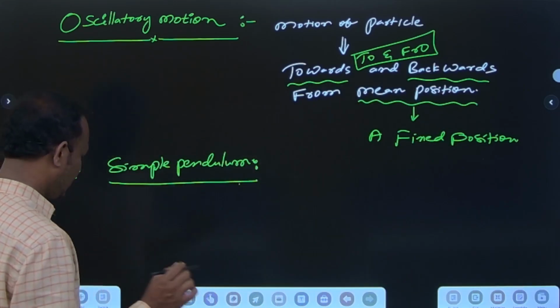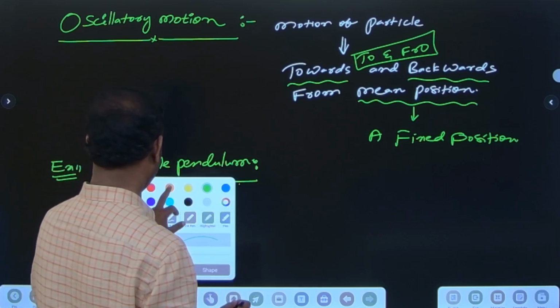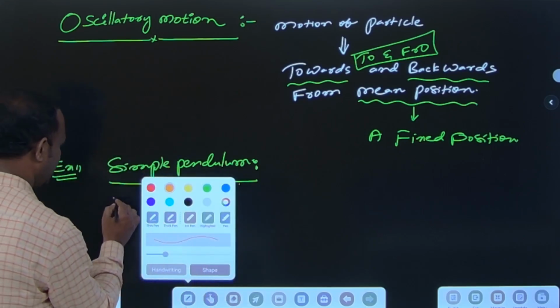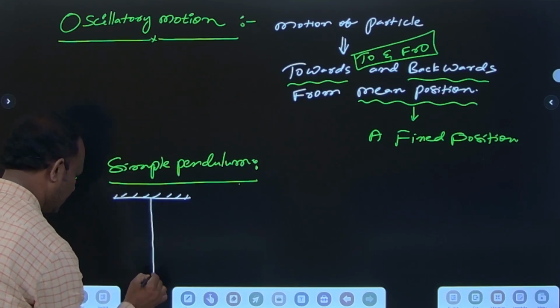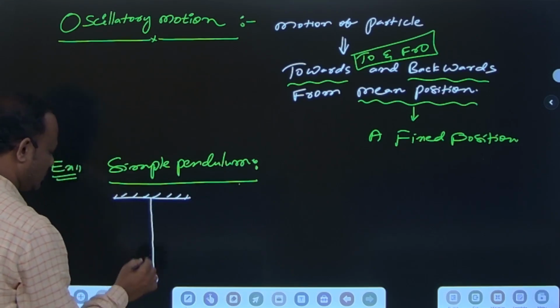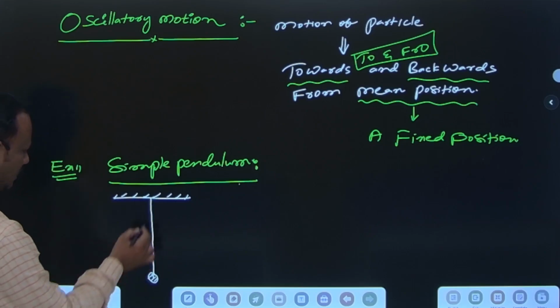Okay, so the simple pendulum. This is the fixed position I have taken.